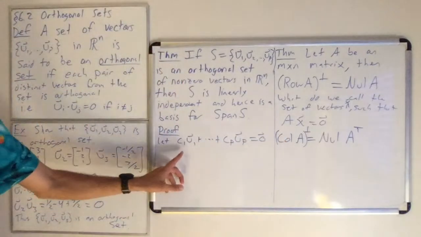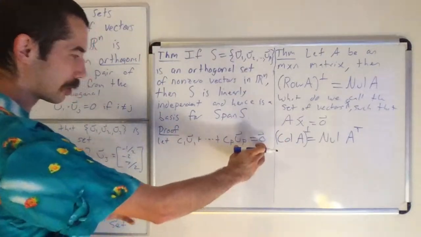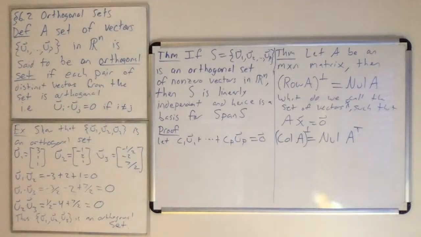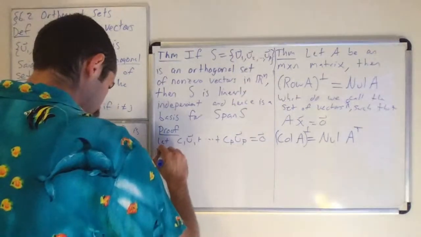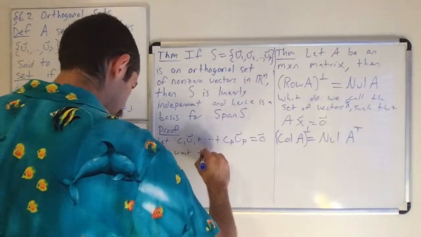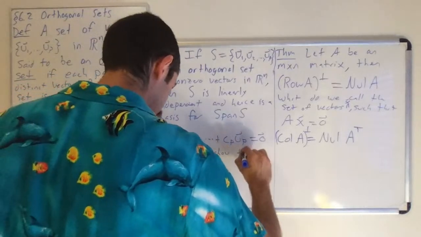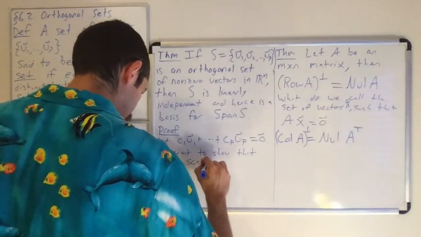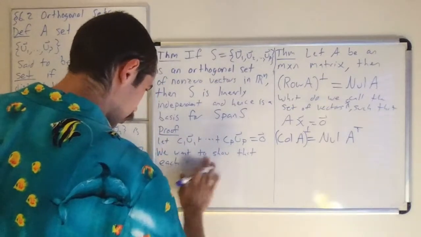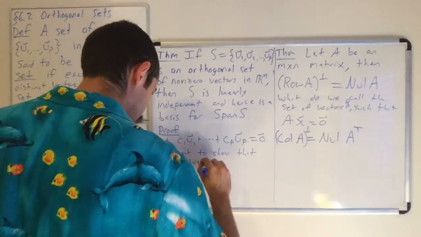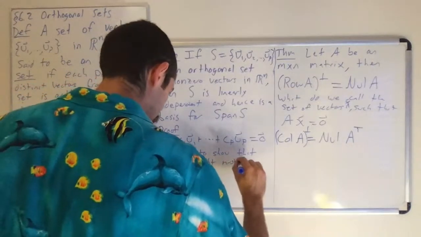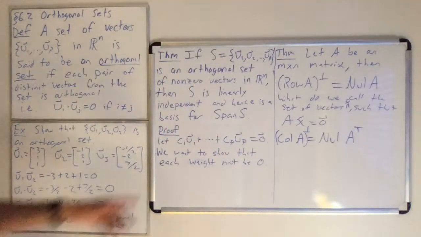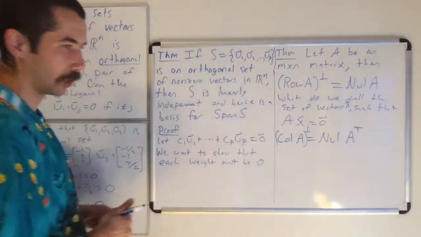So we take a linear combination of our vectors and set it equal to 0. We want to show that each scalar, or weight, must be 0. Right, that's what it means for this equation to have just a trivial solution.